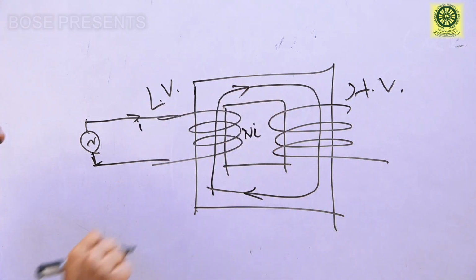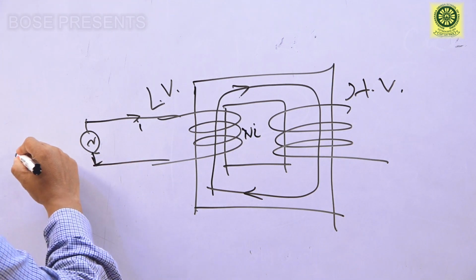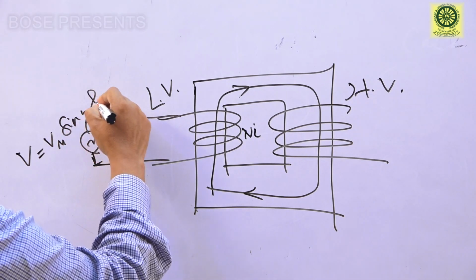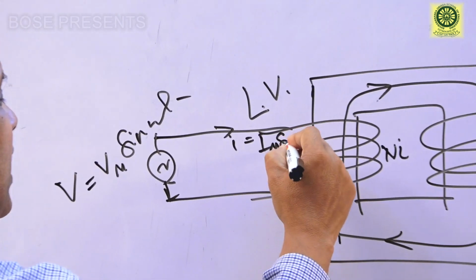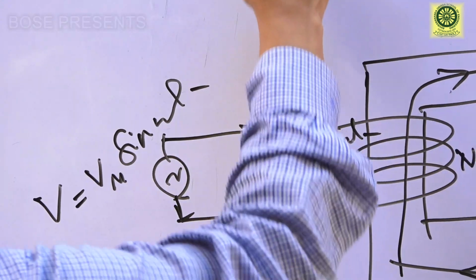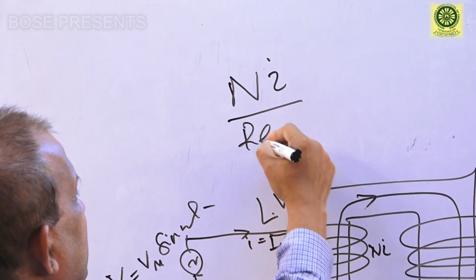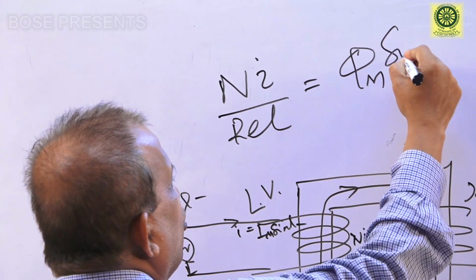Remember, this magnetic flux is time varying, because the AC voltage is given by V equal to Vm sin omega t, and the instantaneous current is Im sin omega t. So the flux will be Ni by reluctance, equal to phi m sin omega t.